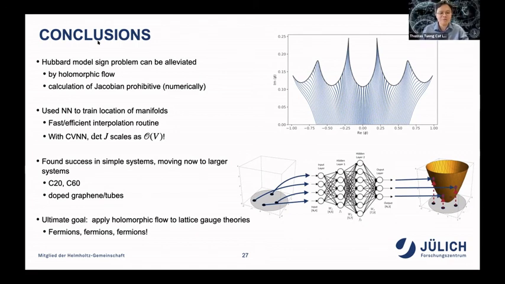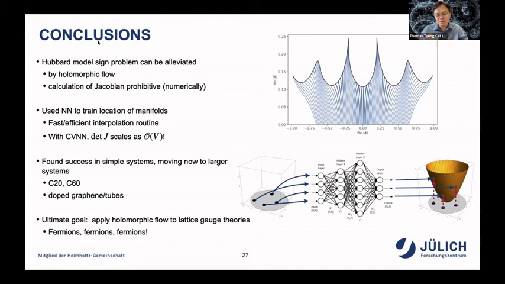Yeah, very good question. Unfortunately, the manifolds depend on the particular parameters that you choose, in particular the on-site coupling, the geometry of the system, the chemical potential, as well as the number of time slices. So it does depend on that. If you have a different geometry, a different system, you have to train a new manifold.